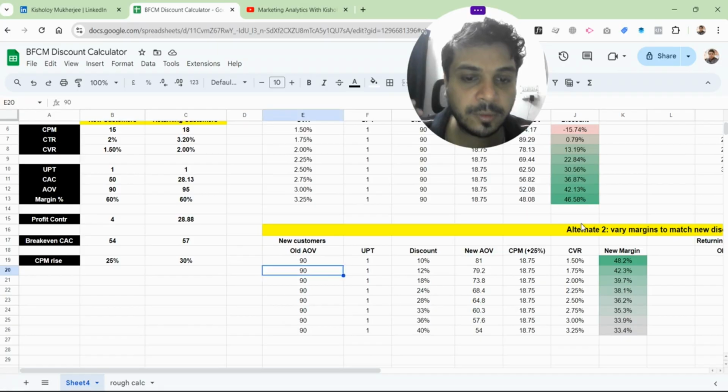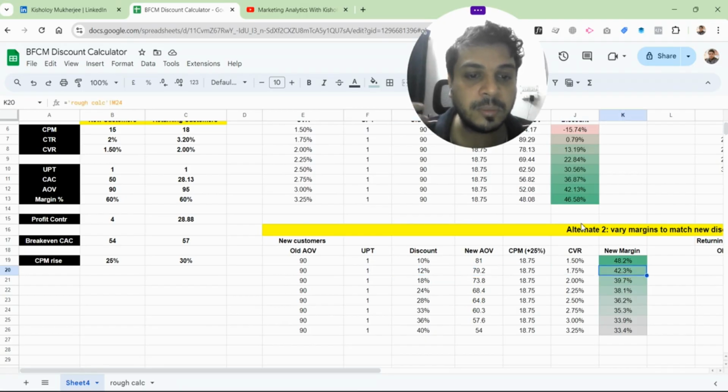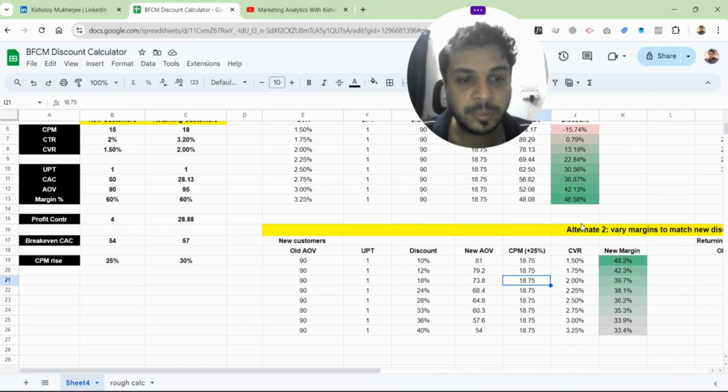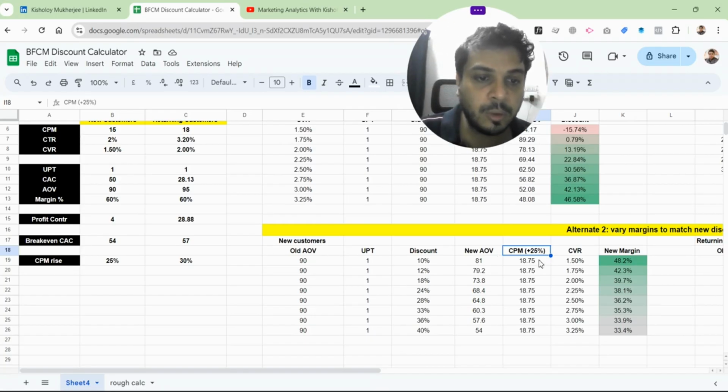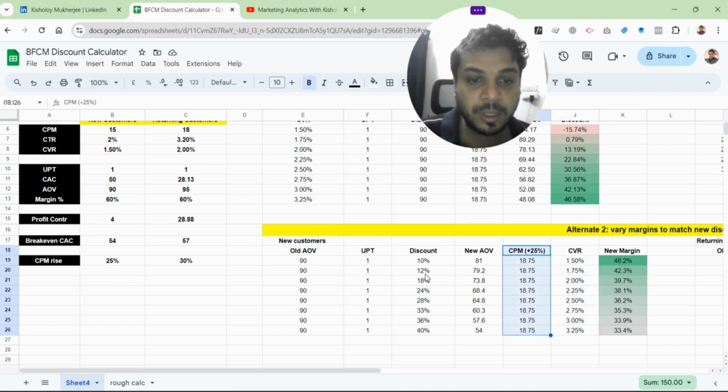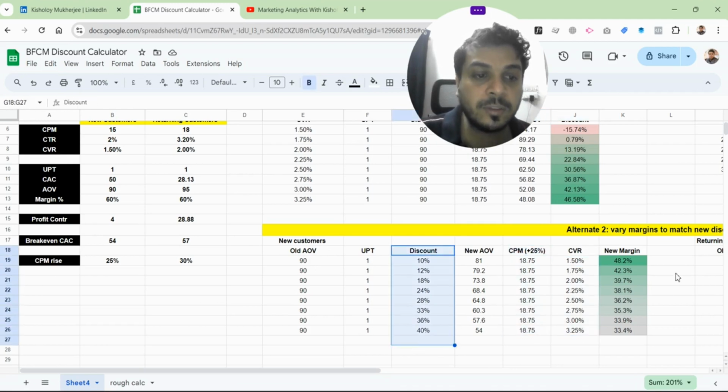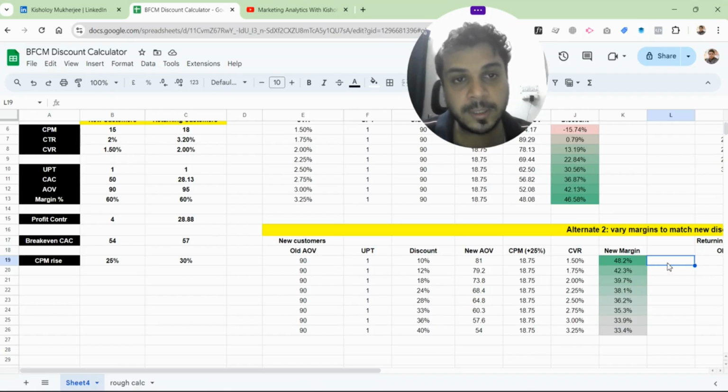So that actually gives you an idea about the relationship between discount and margin, but it's also dependent, as you can see, on a CPM that has been increased by a certain percentage. It has been earmarked at a 25% increase. And once more, this is of course dependent on different slabs of conversion rates. You might want to also do another thing here, just as an exercise I'm giving you, as food for thought. You might want to take the same levels of conversion rate, same levels of CPM increase, and then look at the different varying levels of discount and the corresponding margins, right?